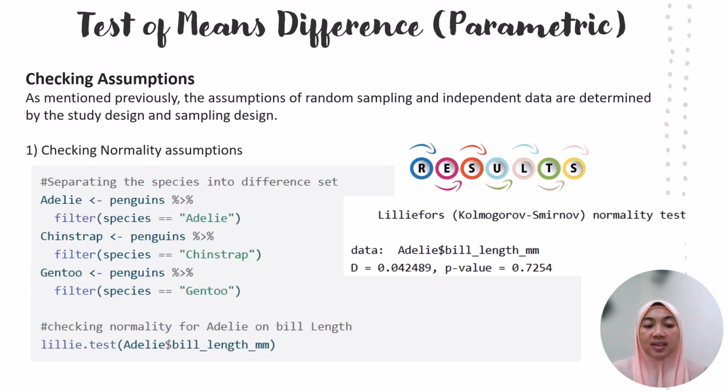We move to the second step, which is checking the assumptions. As I mentioned previously, the assumptions of random sampling and independent data are determined by the study design and sampling design. First, we check the normality assumption, where we need to separate the species into different sets.